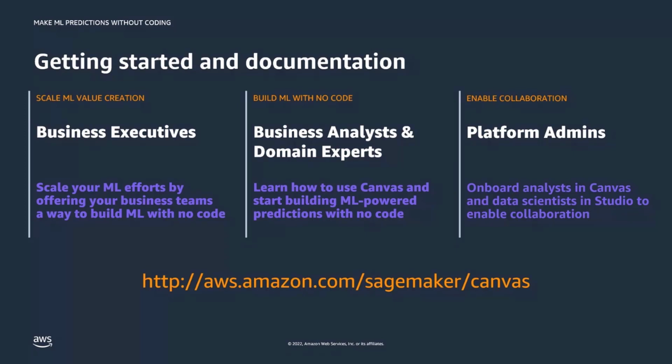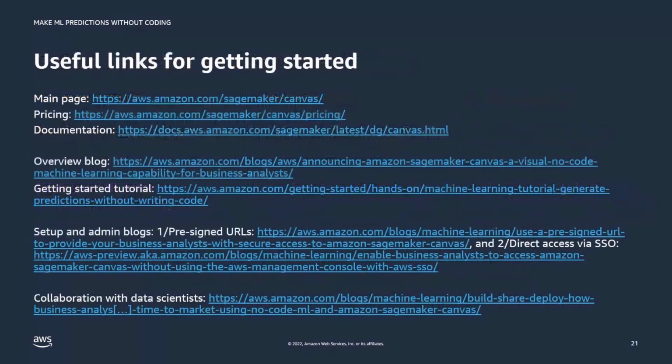So to learn more, the short click is just go to the product webpage, which we have below. I want to provide you with a bunch more links because there are a bunch more links. So bear with me here. There's links to the main page. There's links to pricing. We'll talk about how Canvas is priced in just a second. There's links to documentation. There's also a lot of good blogs out there. One is an overview blog, so I'd encourage you to take a look at that.